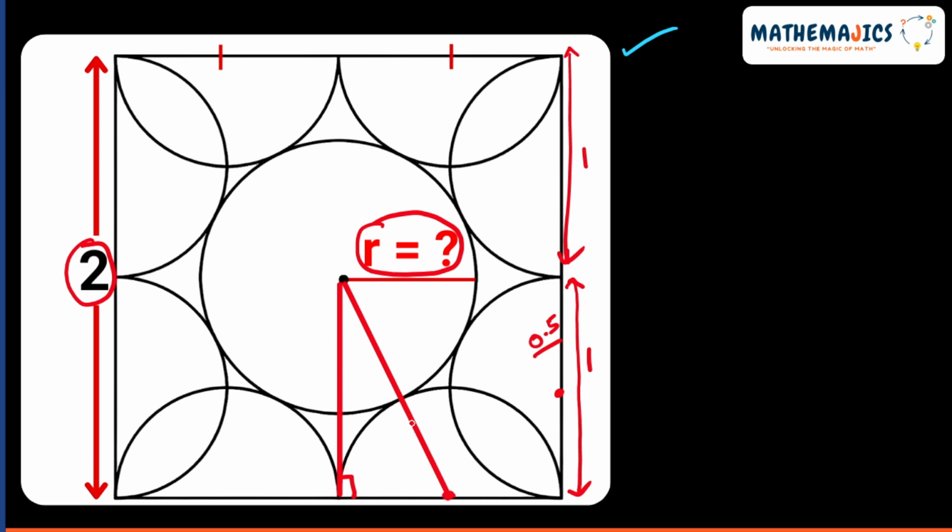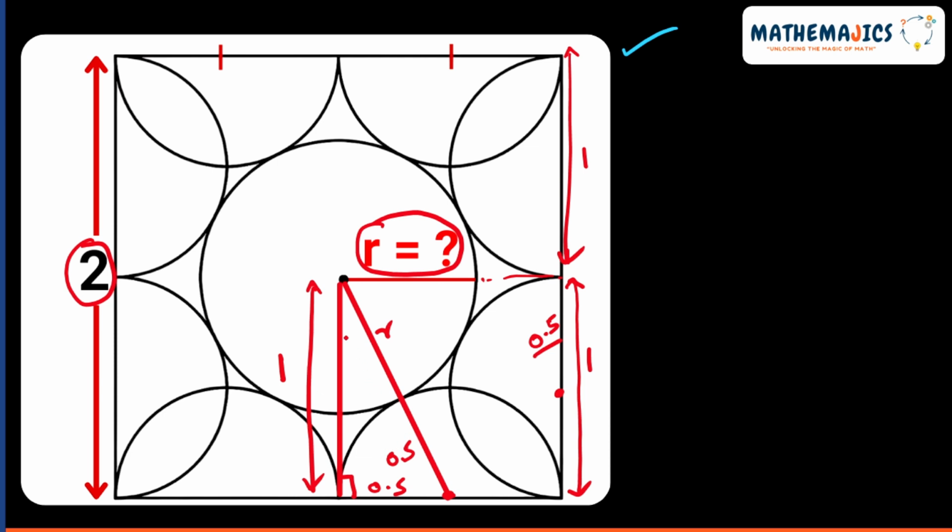The length of the radius of this semicircle is 0.5, so this is 0.5 and this is also 0.5. This is the radius of the semicircle. This is r, the radius of this circle. And what will be the length of this line? As you can clearly see, this is equal to 1, which is half of the side length of the square.